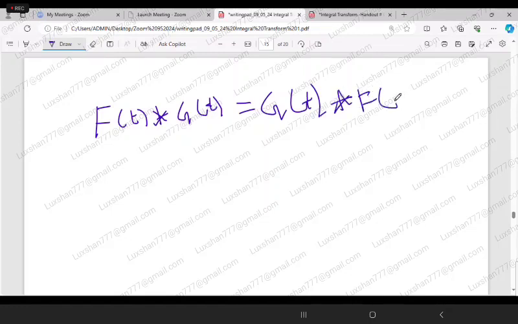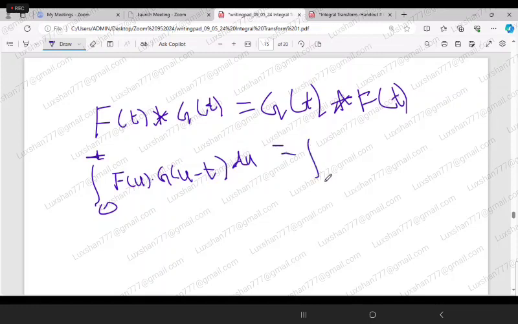So that means integration 0 to t of f of u into g of t minus u du is equal to integration 0 to t of g into f of, sorry, this is t minus u.